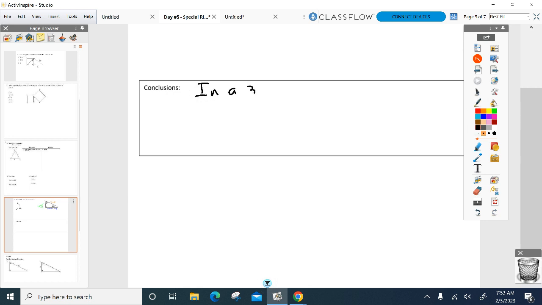So in a 30, 60, 90 triangle, this one's going to be tougher than 45, 45. Rule 1, how to find the longer leg. The longer leg in a 30, 60, 90 triangle is across from what angle?